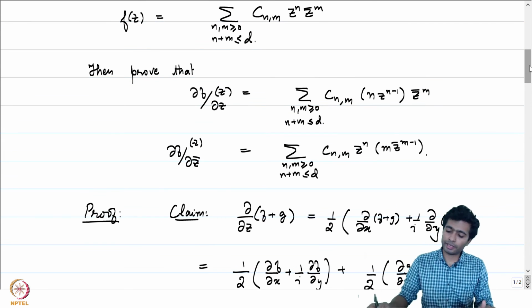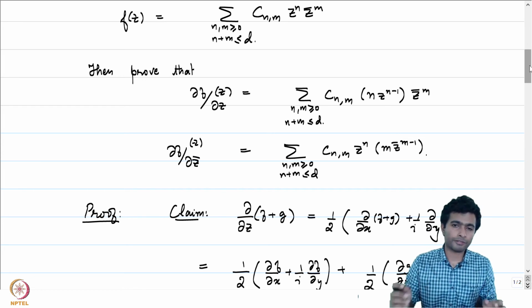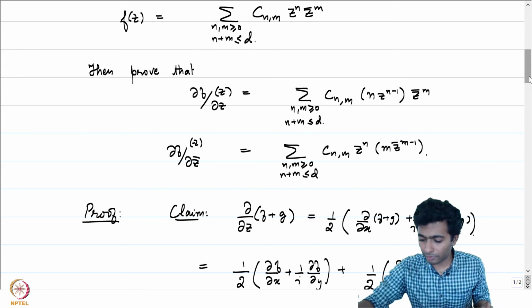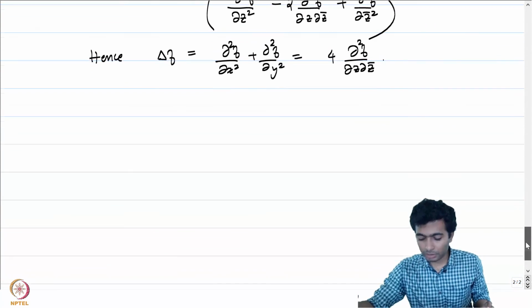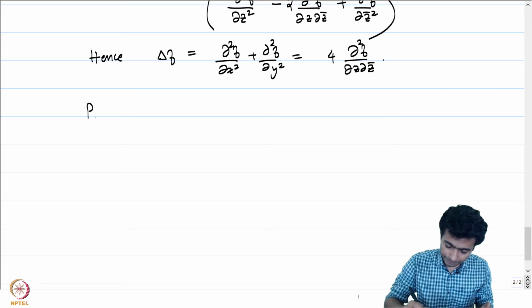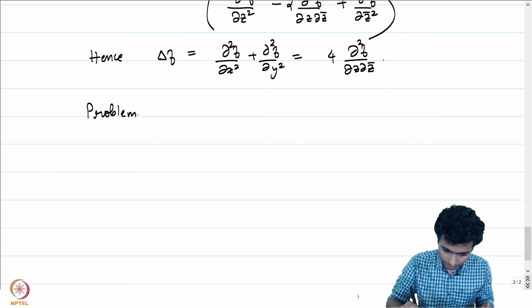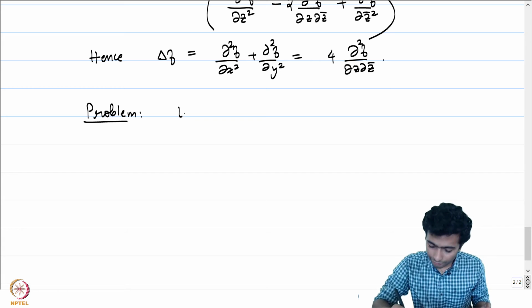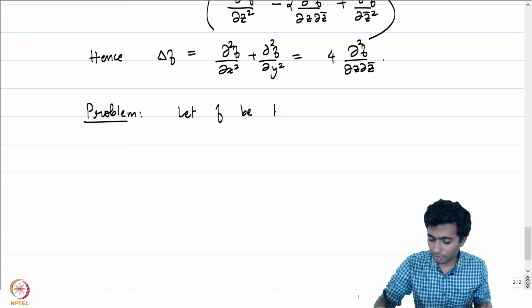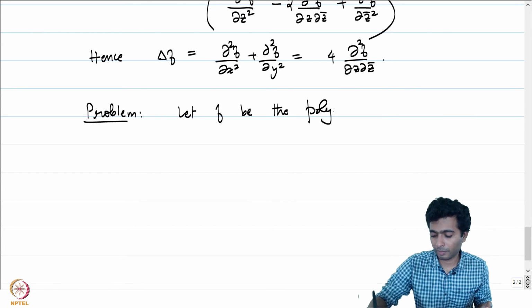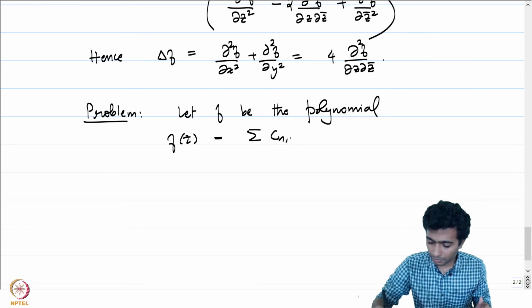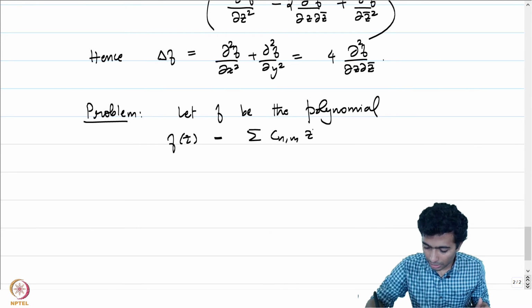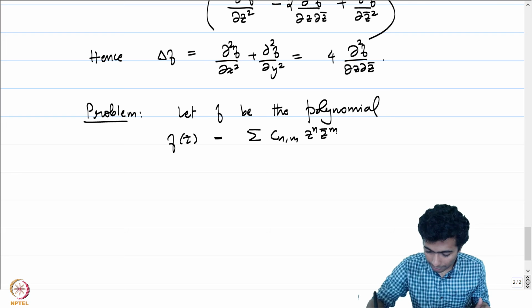So just like how we can give a characterization of what holomorphic polynomials will look like, we will also be able to talk about how harmonic polynomials will look like. So let me just write down the problem for you. Again, let f be the polynomial f(z) equal to the summation of c_nm z^n z̄^m.